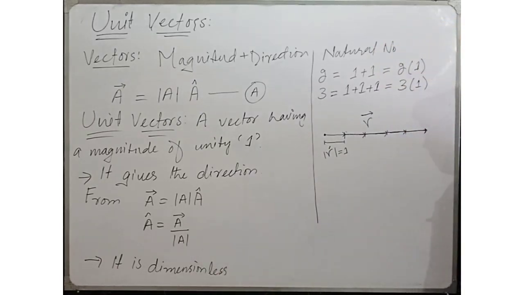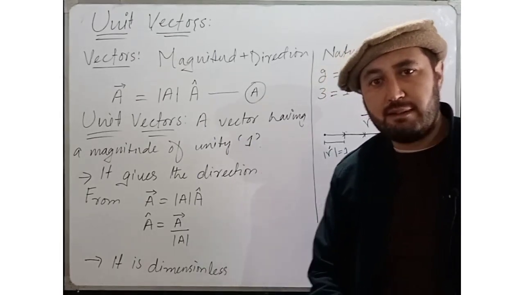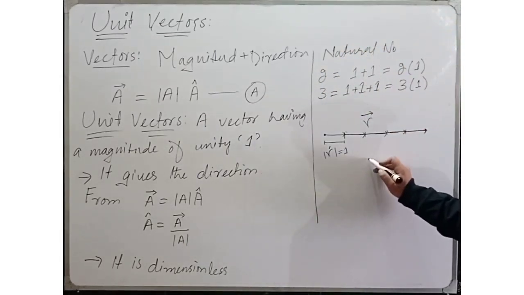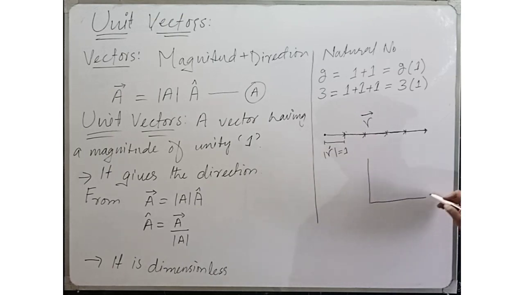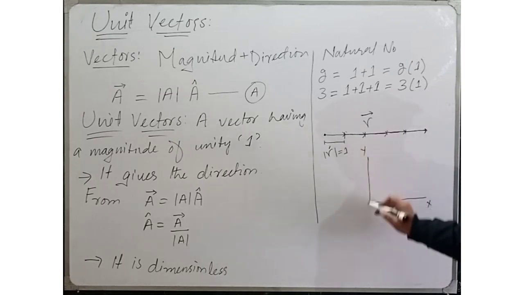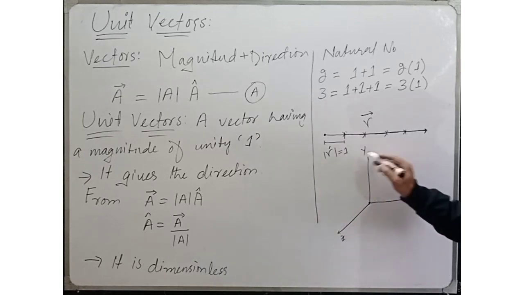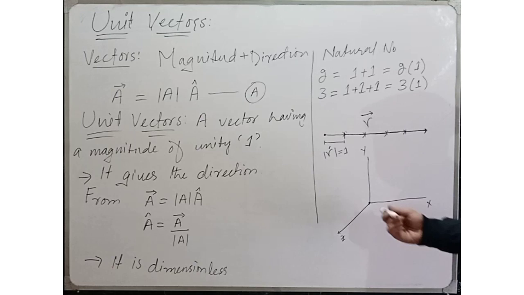Further, if we represent a vector in a reference frame, and at intermediate or FSc level we use the Cartesian coordinate system. So let us take a three-dimensional Cartesian coordinate system. So x, y, and along the space we have z, right? So this is the z-axis.